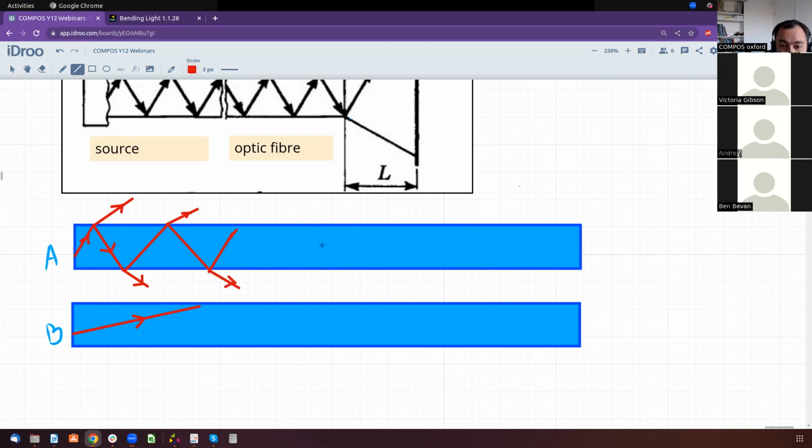And by the time it reaches the other end, there might not be any visible light at all, because most of the light will escape through the walls. Whereas in B, light is totally internally reflected, and it will travel like this. No light escapes.